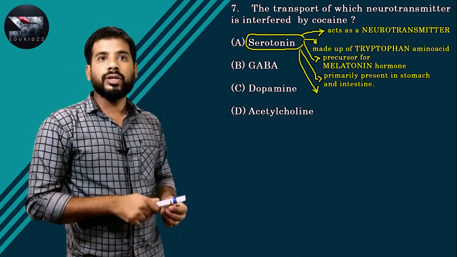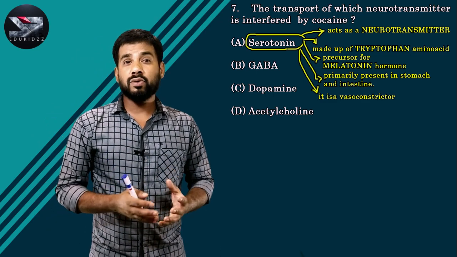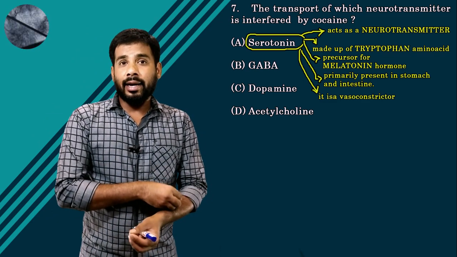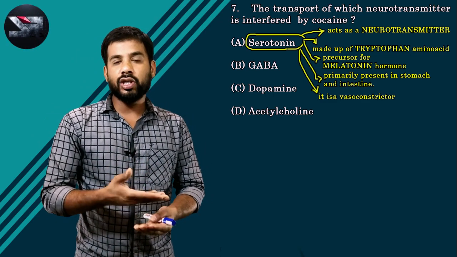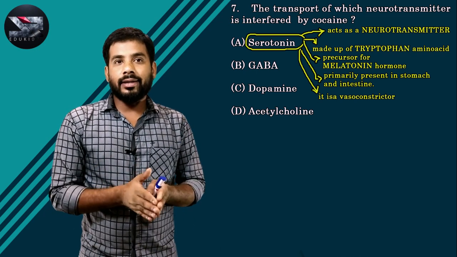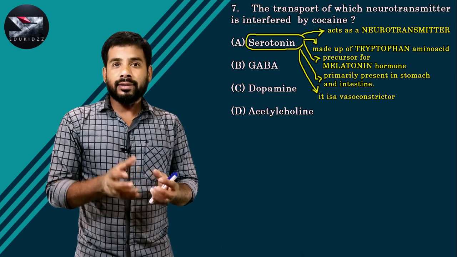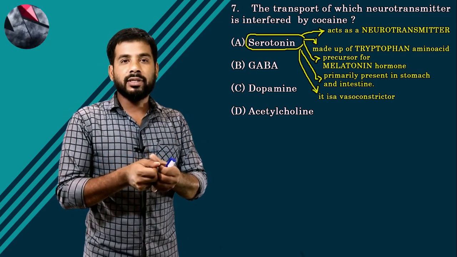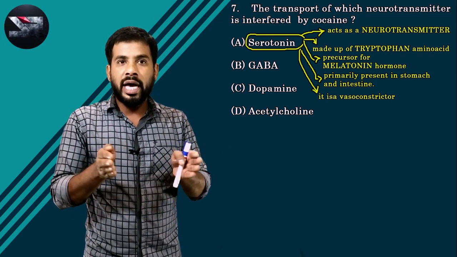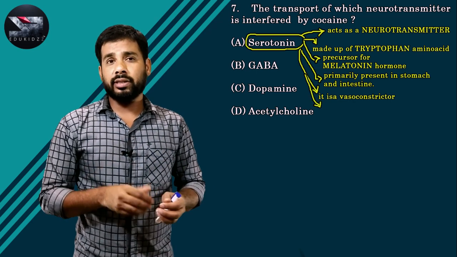As well, serotonin is a powerful vasoconstrictor in the blood. For example, if there is damage in our arteries, the platelets inside those arteries release serotonin. This serotonin causes constriction of the blood vessel, making the artery more narrow, and that prevents more blood loss.